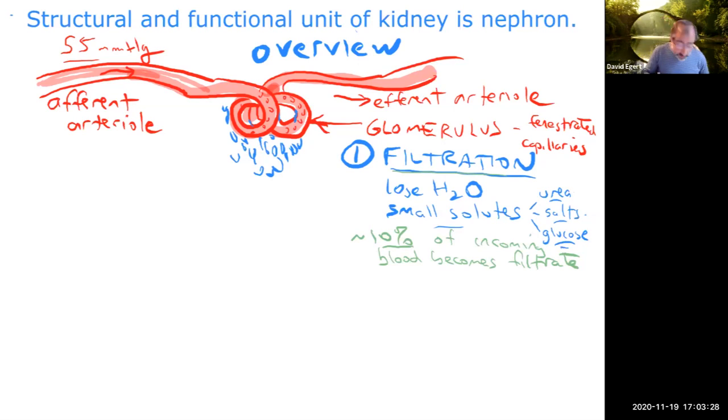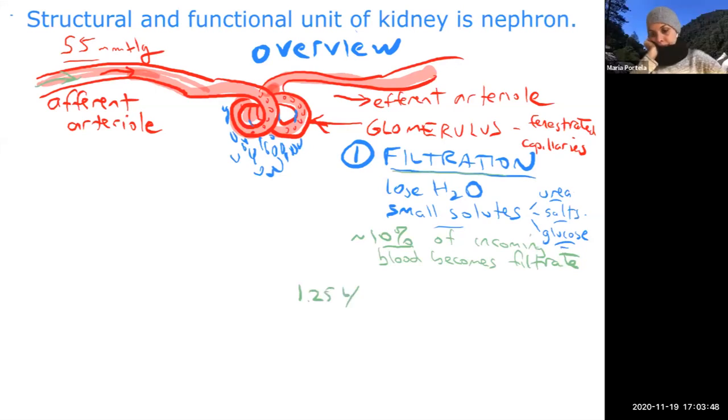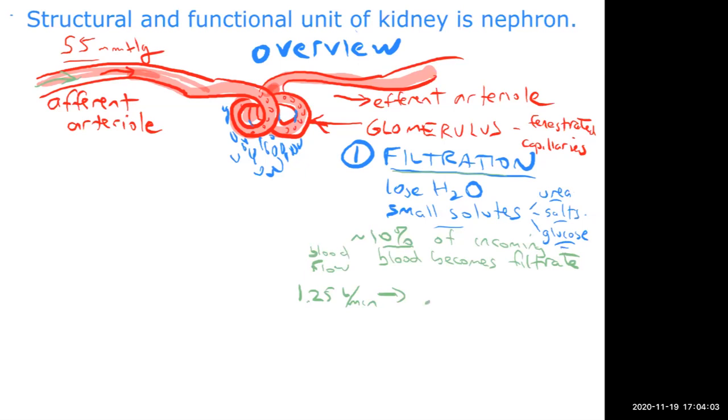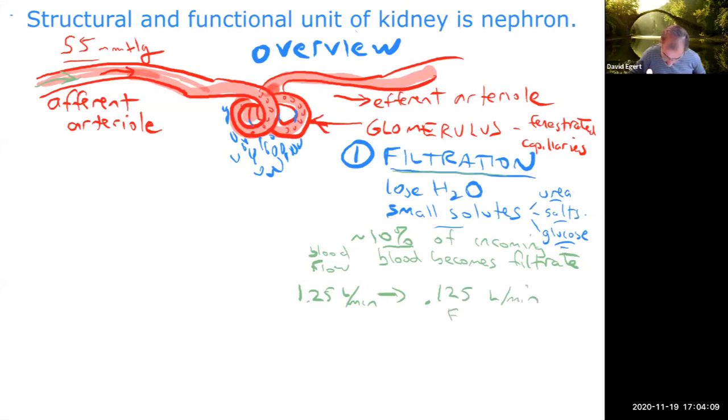If 10%, and let's add across all of the nephrons in the kidneys, what is the blood flow coming in? Let's say it's about 1.25 liters per minute. So how much filtrate is being formed? This is the flow coming in. 0.125. So about 0.125 liters per minute of filtrate is being formed.